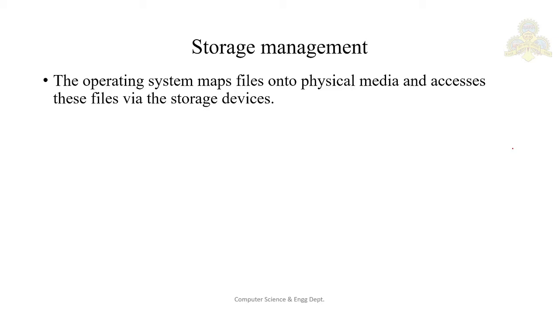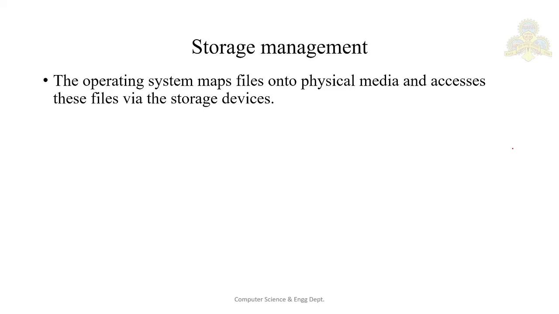The operating system then maps these files onto physical media and accesses these files via storage devices. So what is the responsibility of the operating system in connection with storage? That may be file system storage, mass storage, and caching. We will see these things one by one.